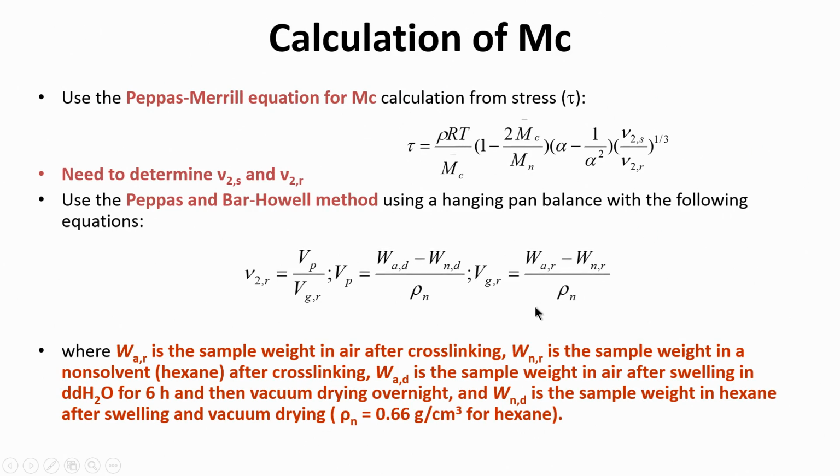So, now they can apply the Peppas-Merrill equation for Mc, and again just reiterating it here, here is the tau. If they want to apply that, there are several parameters that they do not know. What is V2s, what is V2r? These are easy to find out. They can use the hanging pan and measure this.